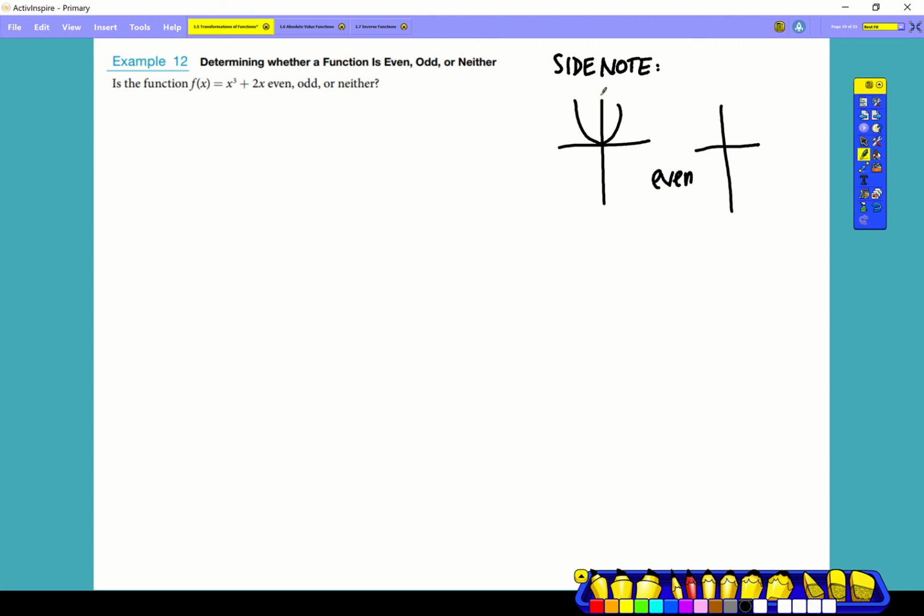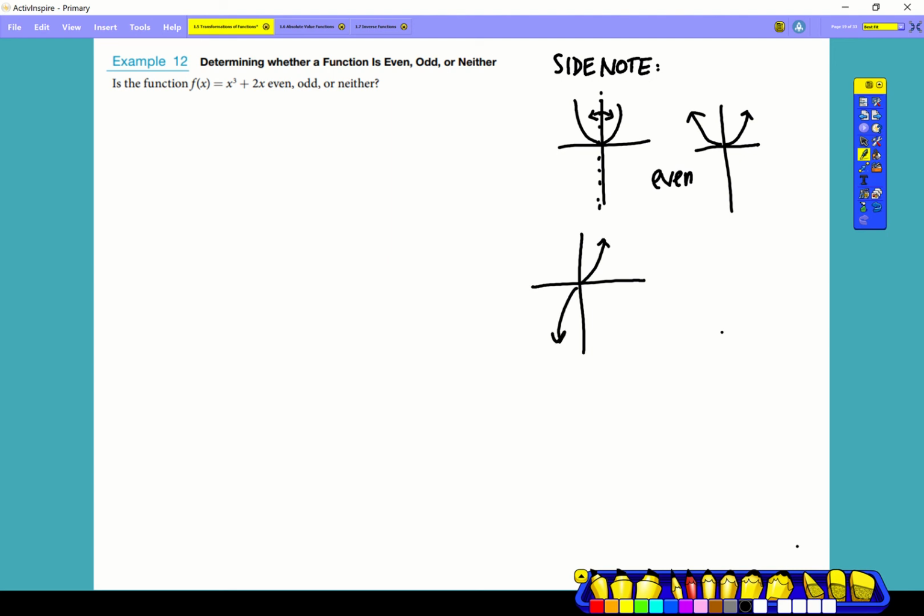So what that means is if you flip it over this y-axis, you'll get the exact same thing. That's what that means. Now, the odd's a little more complicated because it is symmetric about the origin.